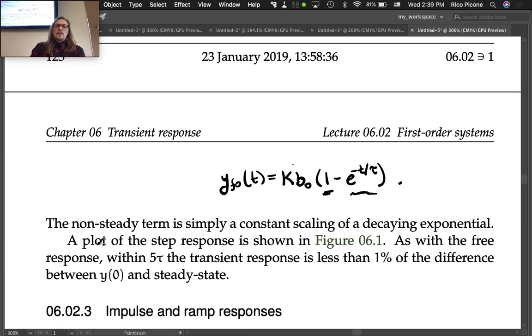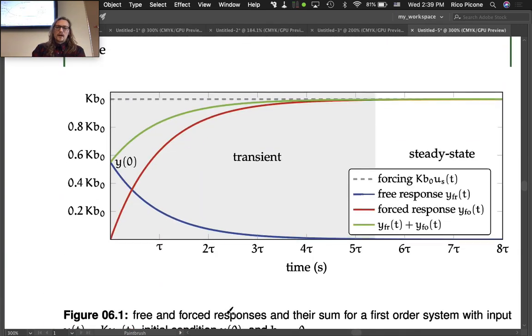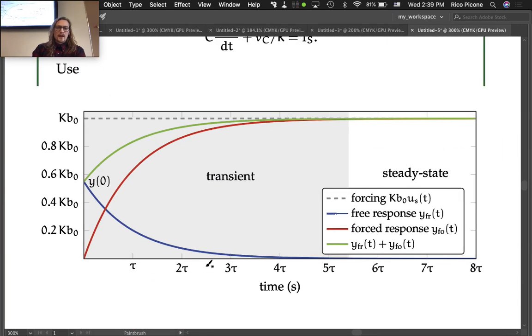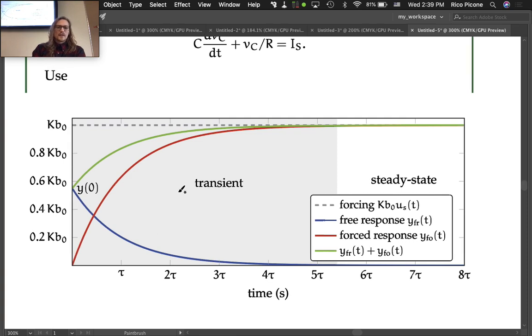Okay, so a plot of the step response is shown in figure 6.1. As with the free response, within 5 time constants, we see the transient die out, 5 to 6 time constants. So let's look at this. What I plotted here are 3 responses, and I also showed the unit step inputs.